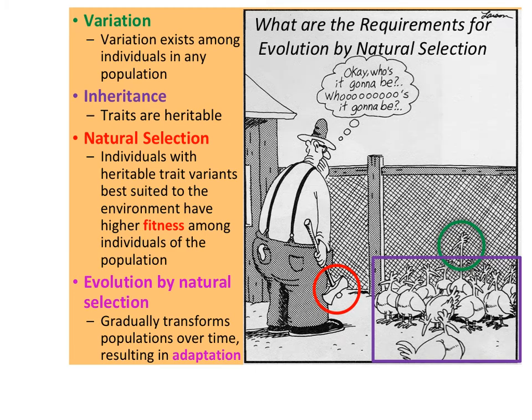Individuals with heritable variants best suited to the environment have higher fitness. In this case, they survive better, and they survive perhaps long enough to reproduce. Evolution by natural selection, even though selection is on this individual, eventually the population is transformed, and the whole population is better adapted to its environment, and that's adaptation.